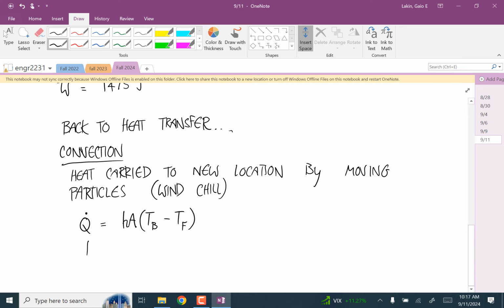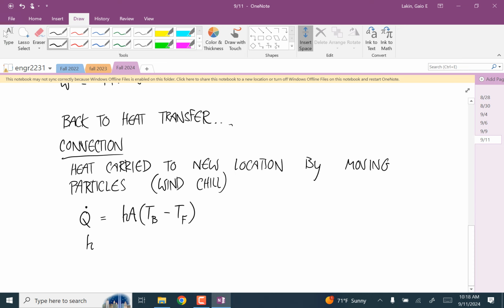This H, of the three modes of heat transfer, convection is the one that's farthest from being a law of nature. This is really just a curve fitting procedure more than anything. This H is like a catch-all that's measured experimentally for your particular case.